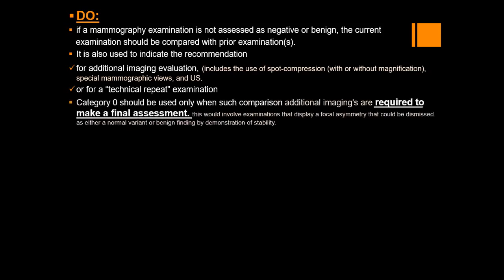Category 0 should be used only when such comparison or additional imaging are required to make the final assessment. Okay, like if there is a focal asymmetry, it can be dismissed as either a normal variant or benign finding by demonstration of stability, for example.